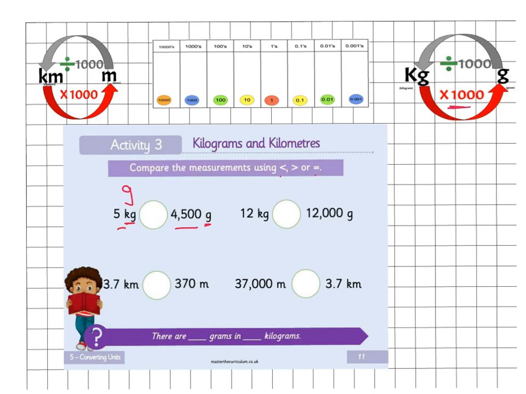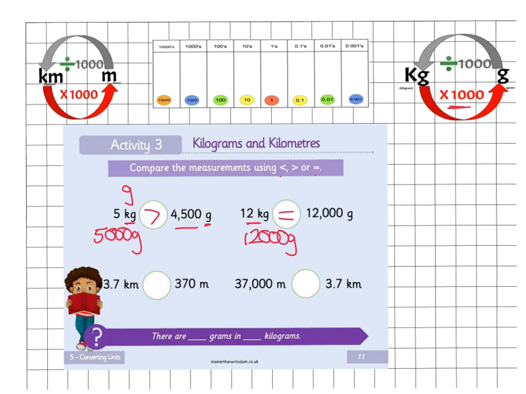So 5 kilograms would become 5,000 grams, and I know that that is greater than 4,500 grams. Okay, 12 kilograms, 12,000 grams. Again, I'm going to change that into grams. You need to make sure they're the same unit of measurement, times by 1,000, and they are the same.